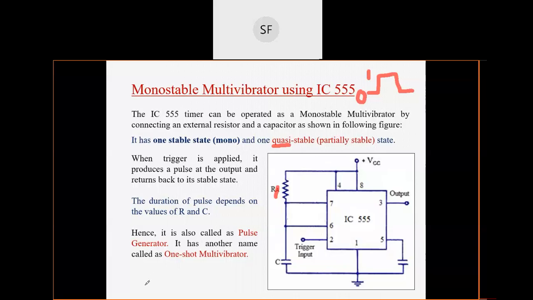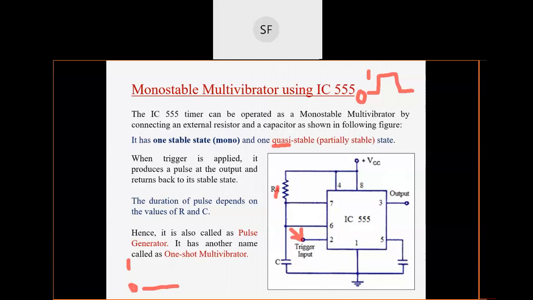Okay, so let's assume the zero state. There will be two states, 0 and 1. If 0 is the stable state of this multivibrator, that means by default the output of this multivibrator will be 0. Here the trigger input is given to pin number 2. So this multivibrator will change its state from 0 to 1 only when you give an external trigger input.